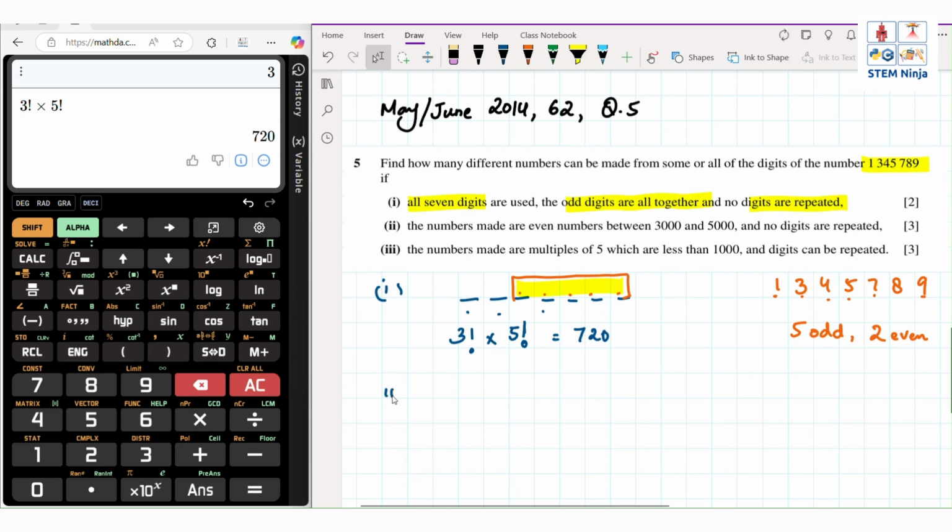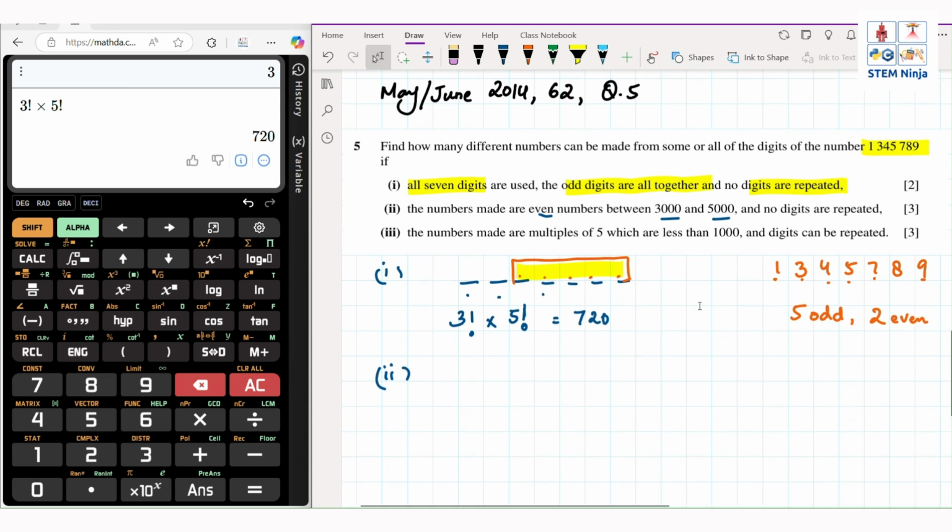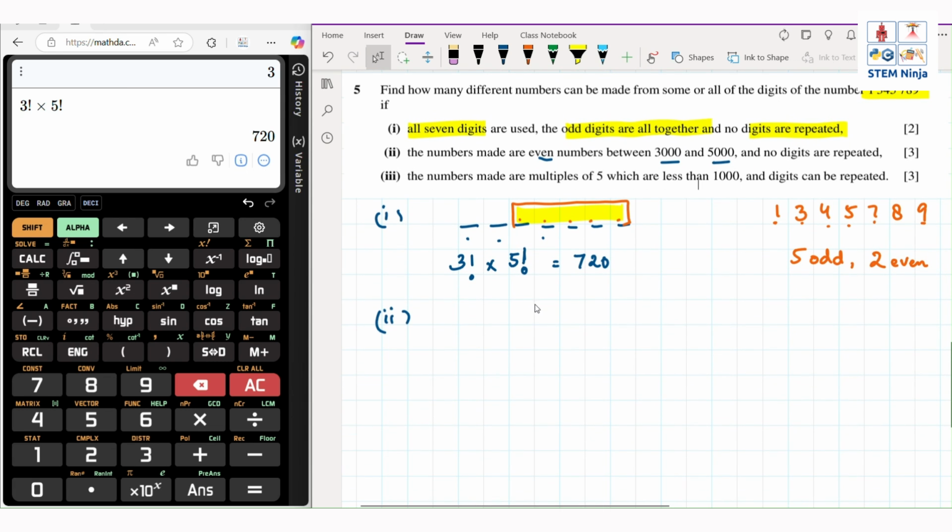All right, part B. The numbers made are even numbers between 3,000 and 5,000 and no digits are repeated. Okay, so if the number is between 3,000 and 5,000, the number will start with 3, then 1, 2, 3.